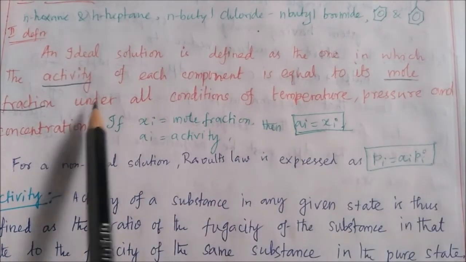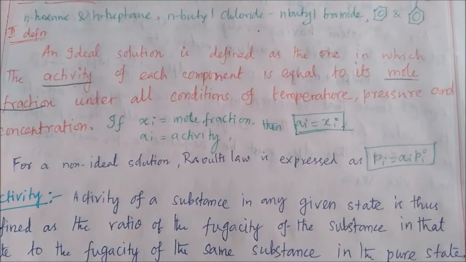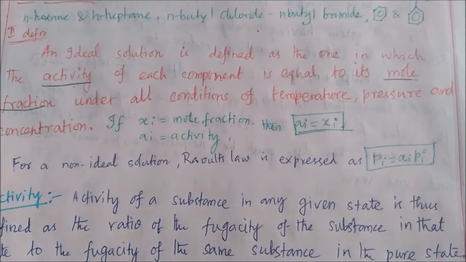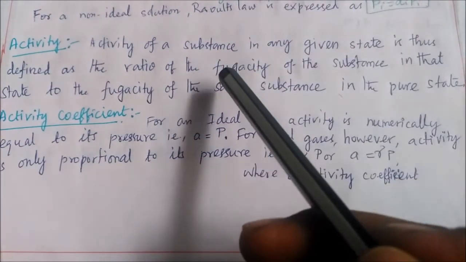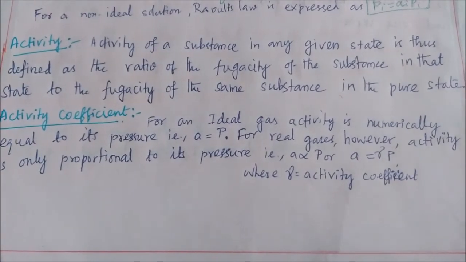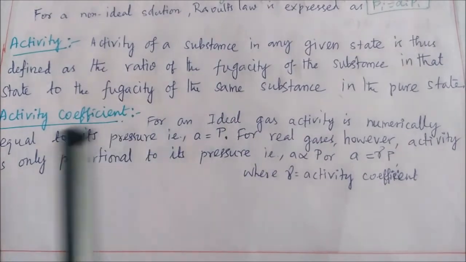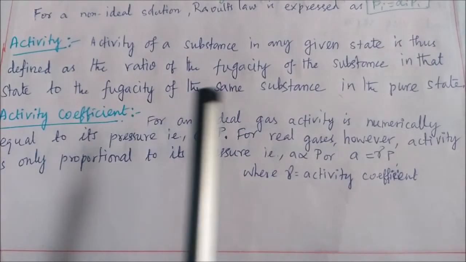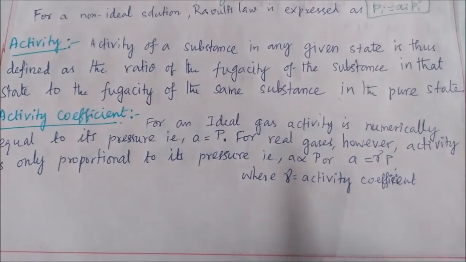Okay, so here we used the term activity. So we should know what activity is. Activity of a substance in any given state is defined as the ratio of the fugacity of the substance in that state to the fugacity of the same substance in the pure state.